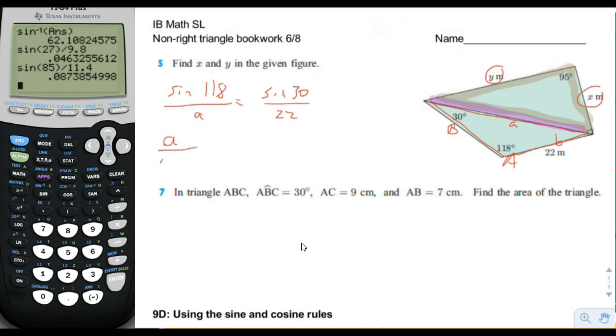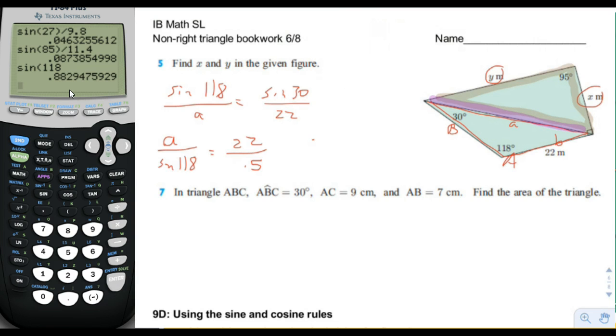Sine of 118 equals 22 over the sine of 30. Sine of 30, if you remember, is just 0.5, right? Sine of 118, not so easy. Sine of 118 is 0.883.